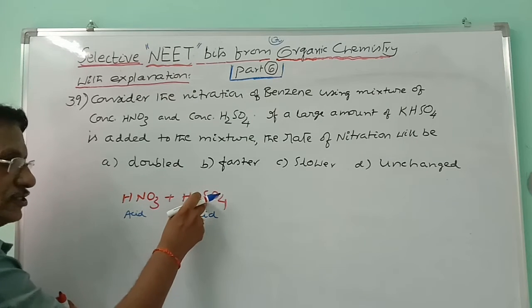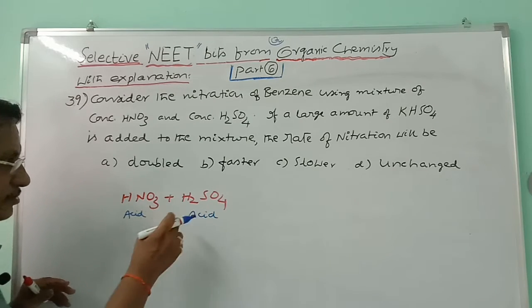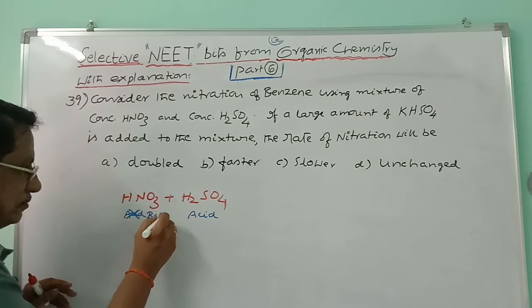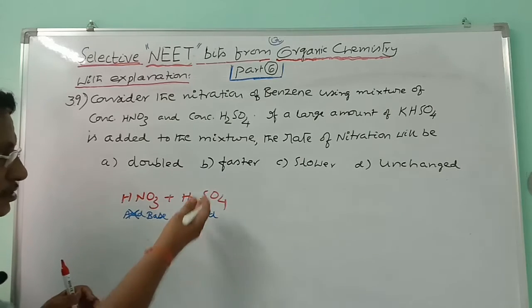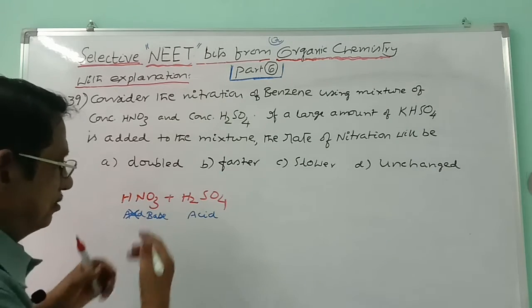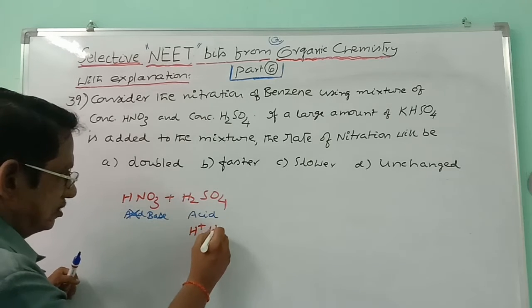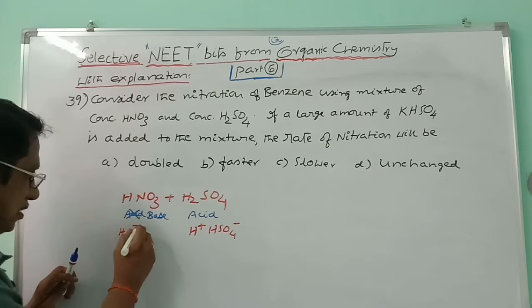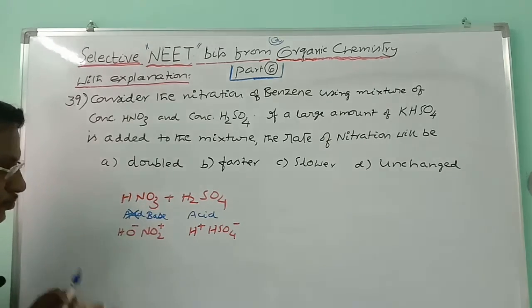But in the presence of H2SO4, which is a strong acid, HNO3 relatively becomes weak, and that is why in the presence of a strong acid, this acid behaves like a base. That means it has to accept the proton and this has to release the proton. And that is why, if you write here, H plus, HSO4 minus, here OH minus and NO2 plus. Because this is the base, OH minus should be produced.